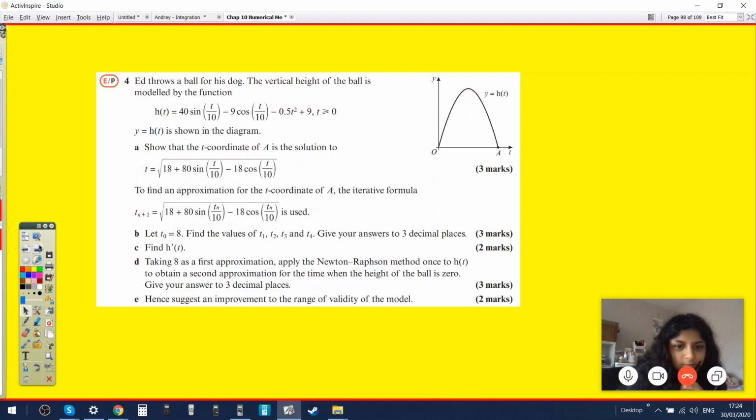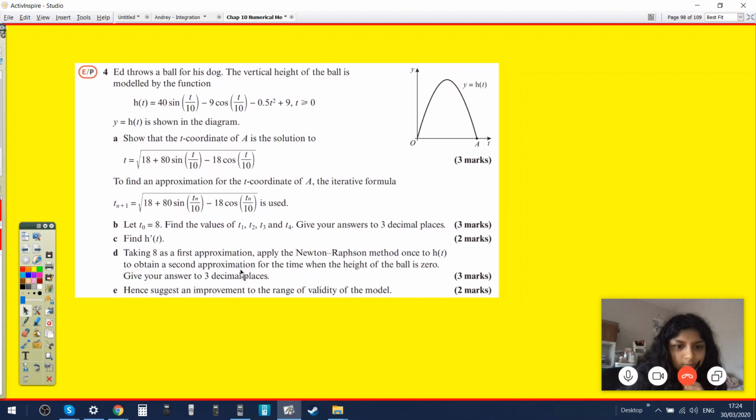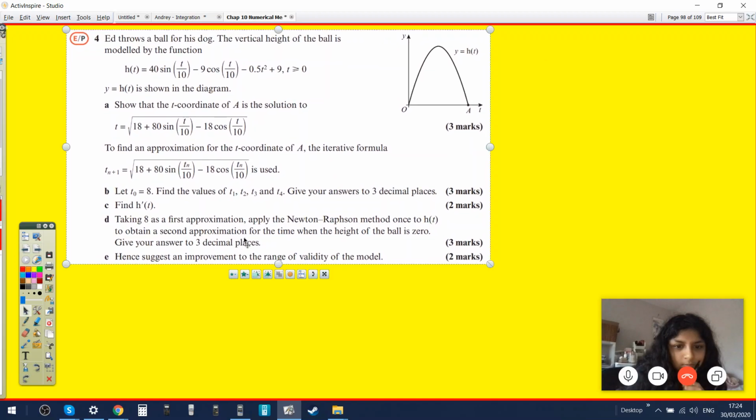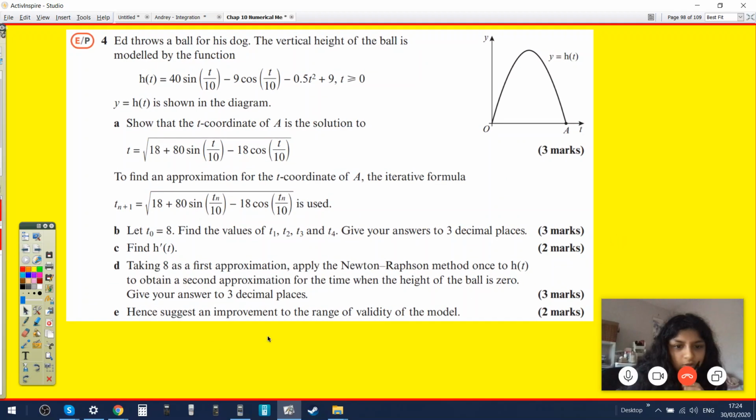Yep, same thing. Oh, what is question E for this one? Can we do it without doing everything else? I don't even understand what that means. Oh, like when is it valid? I think.